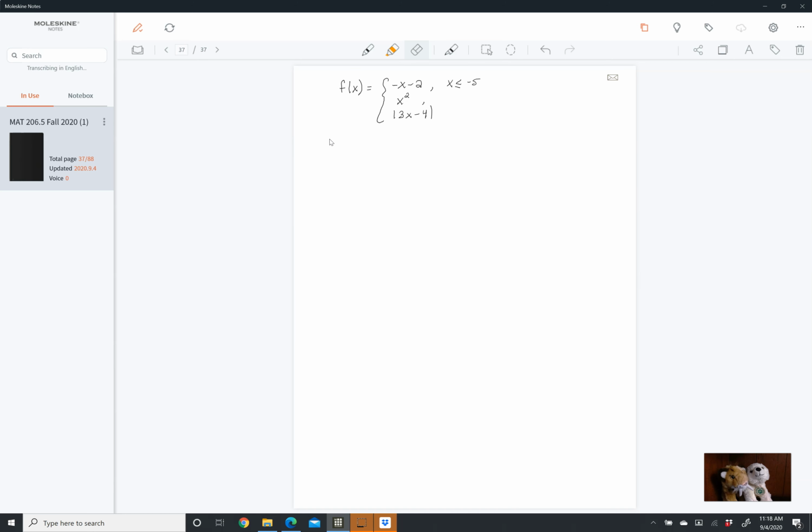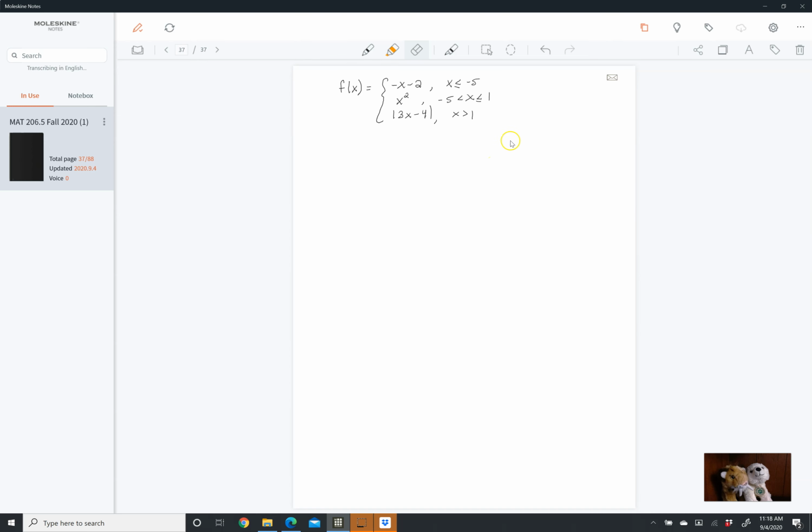X squared is when negative 5 is less than x, which is less than or equal to 1. And finally, absolute value of 3x minus 4 is when x is greater than 1.